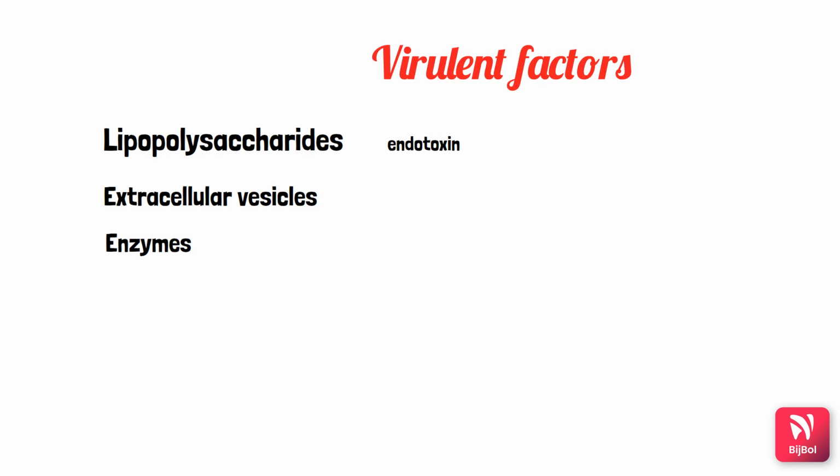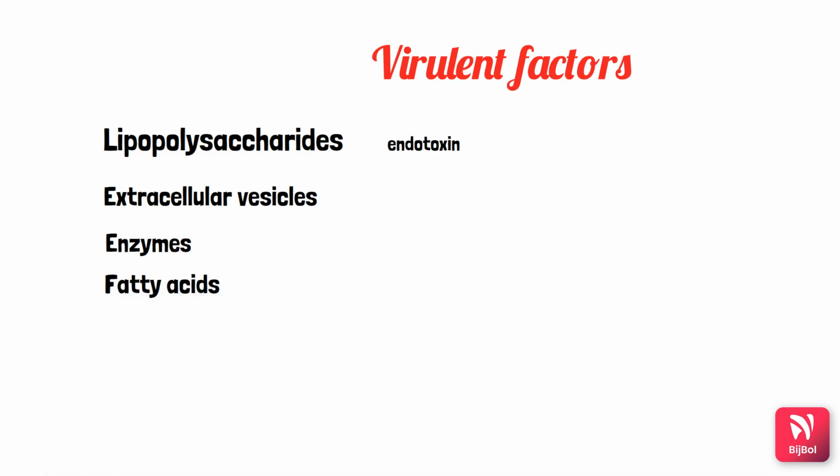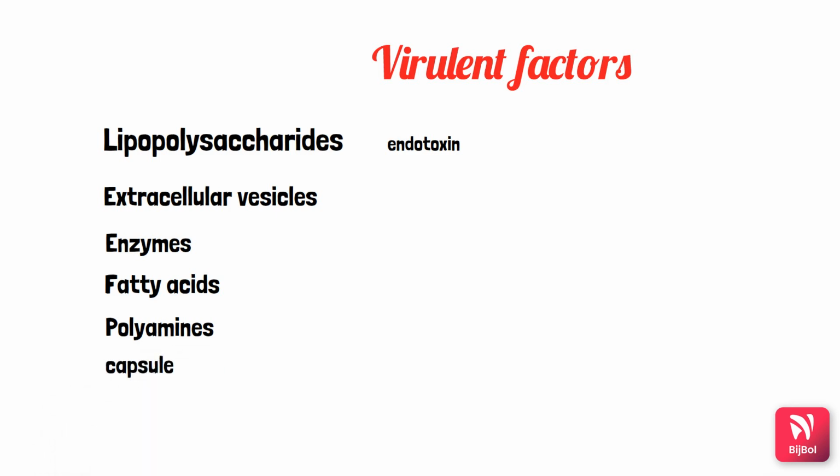And the fatty acids like propionic acid and butyric acid are produced by the anaerobic bacteria, which helps in causing neutrophil chemotaxis, which results in periradicular lesions. And the polyamines are biologically active chemicals found in the affected canals. And other virulence factors such as the fimbriae and capsules are also present in the gram-negative bacteria.